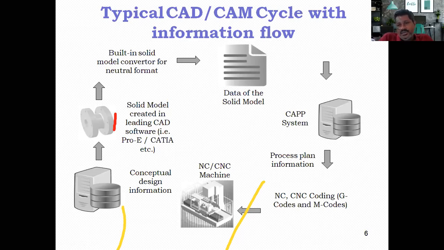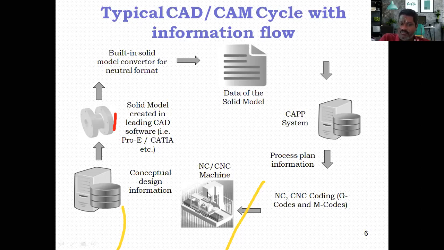Using G codes and M codes, you will write a program. A CNC program has a definite syntax, and the program will be written during this stage. That code will be fed into the NC machine or CNC machine, where the actual work will be performed.